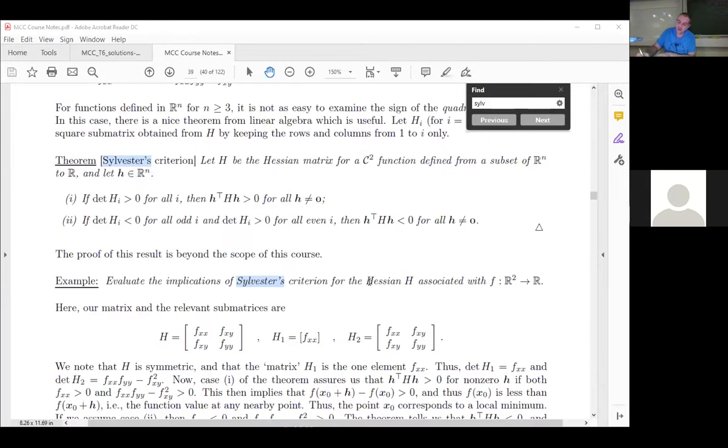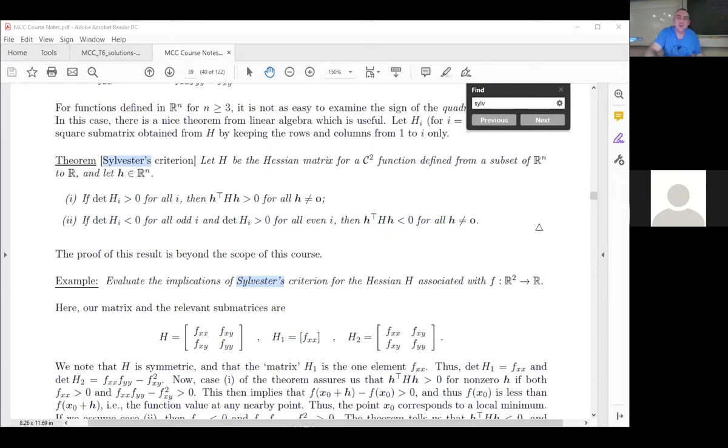And they're saying that det H_i is negative for the odd ones and positive for the even ones. Then that will mean that h transpose H h will be always negative. Okay, that's what Sylvester's criterion says.